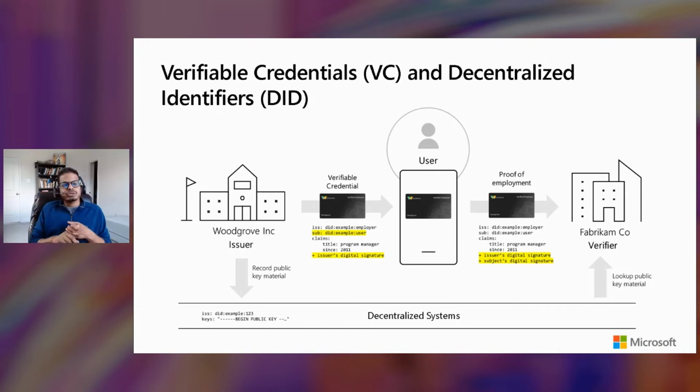Those are all physical credentials, and credentials are essentially a set of claims that an issuer makes for a subject. With verifiable credentials, though, what you get is something that does not require physical presence, but at the same time, it is cryptographically verifiable.